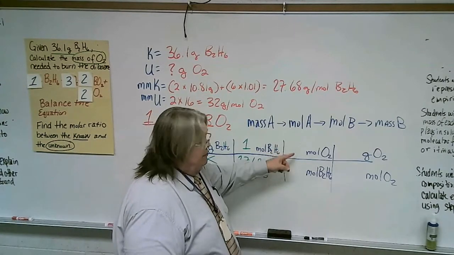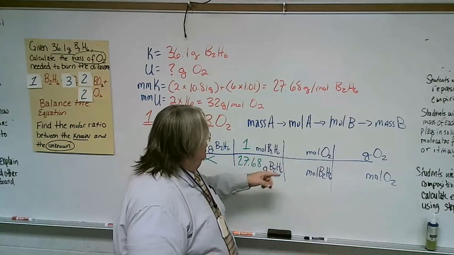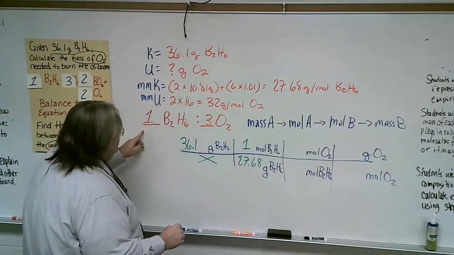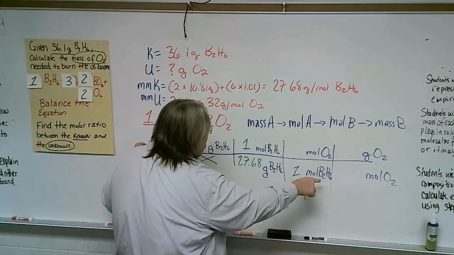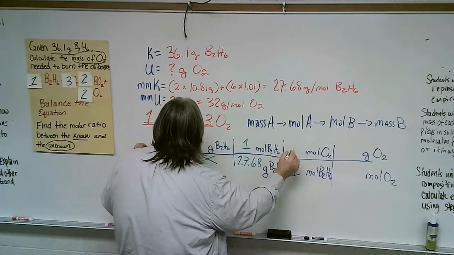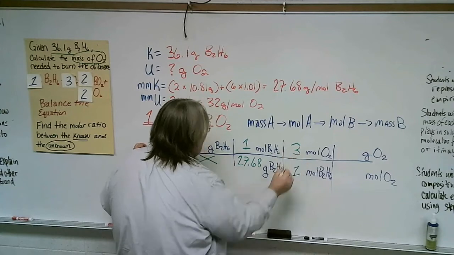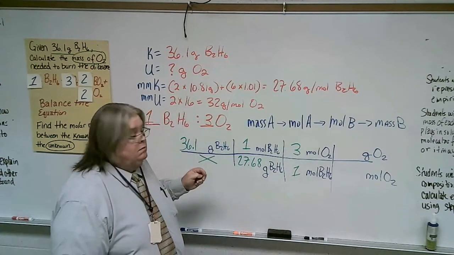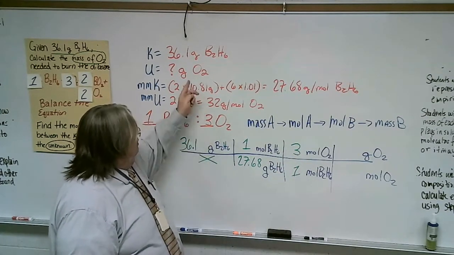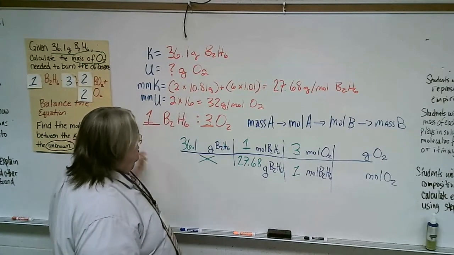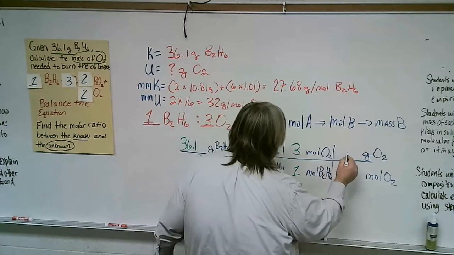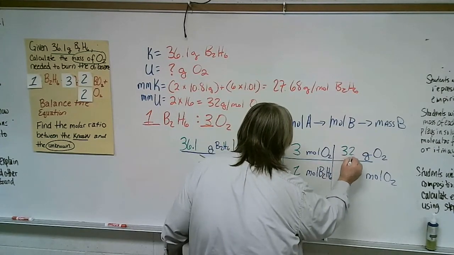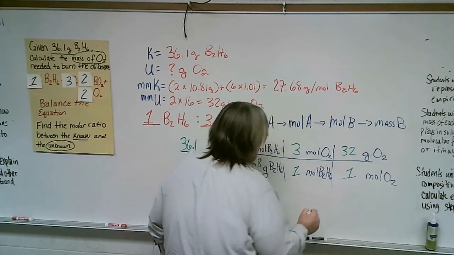Now we need to look at the mole ratio. It takes 1 mole of B2H6 for 3 moles of O2, because we figured it out from the balanced equation. Now we come over here to the molar mass of oxygen. That's 32 grams for every 1 mole.